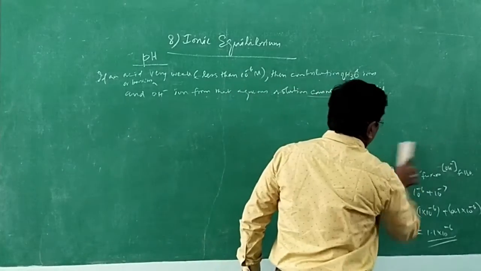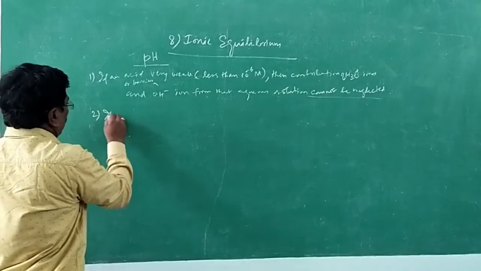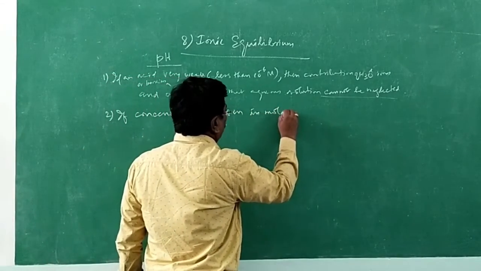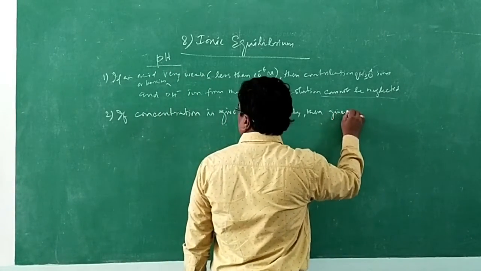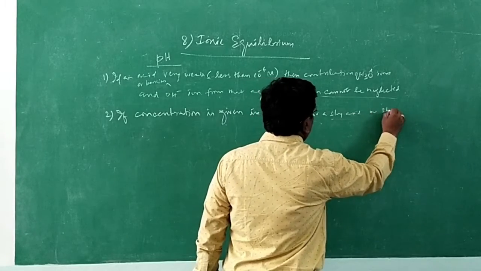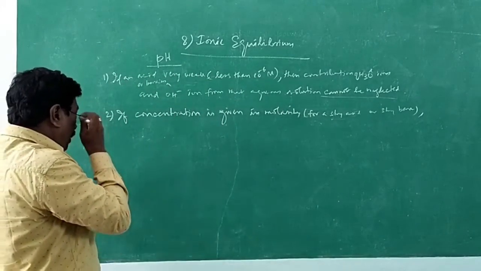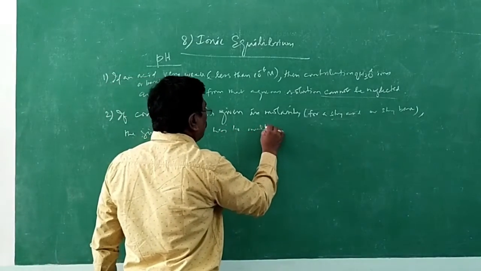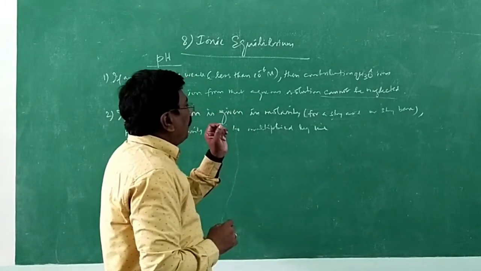In the case of a concentrated acid, if concentration is given in molarity, then the given concentration, for a strong acid, of course, or strong base, whatever it may be, the given molarity has to be multiplied by the number of ions available from it.